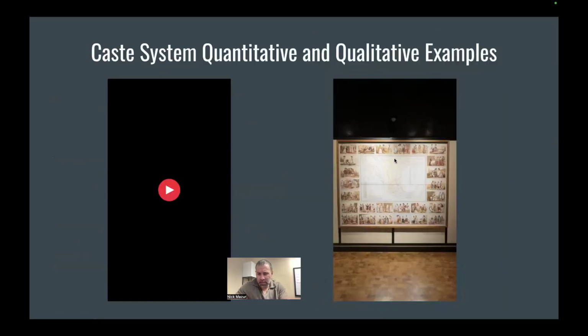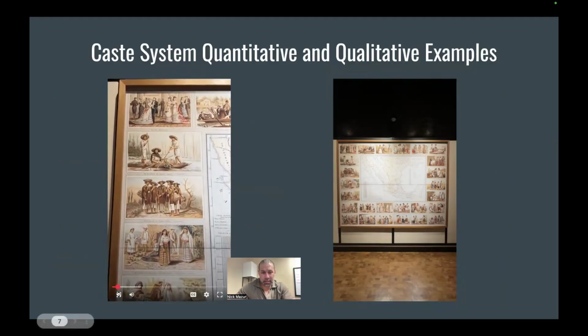This is actually a map that you can see in the Anthropology Museum in Mexico City. And I actually went and visited, but let me play this for you so you can see it up close.